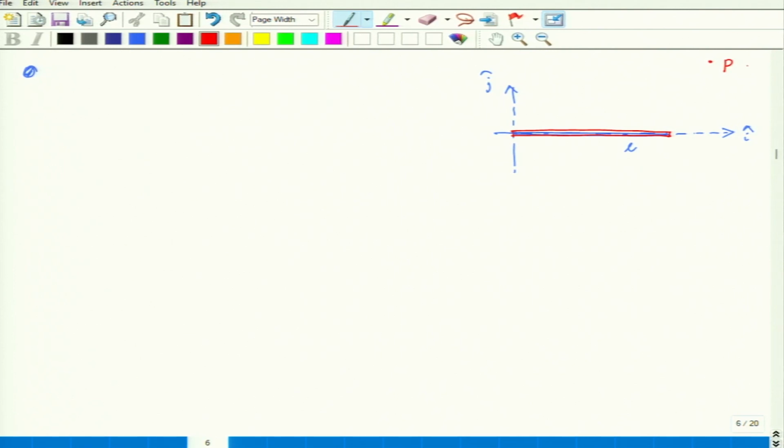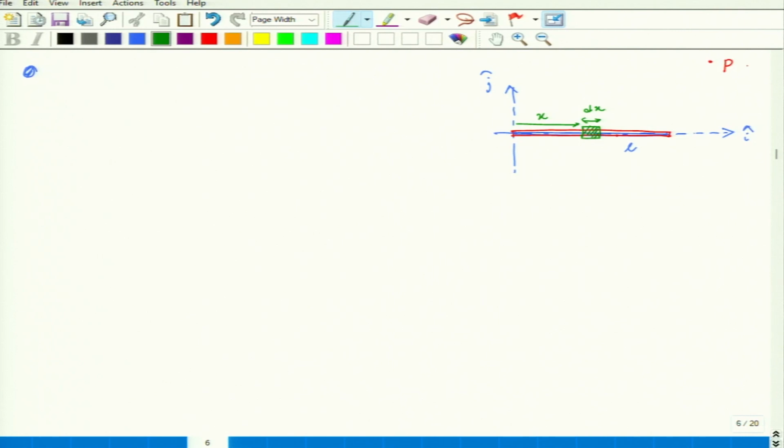First we consider a small charge element on the rod, dq, at some distance. Since the rod is placed along the x axis, we consider this position to be x, and the length of this small element is dx.